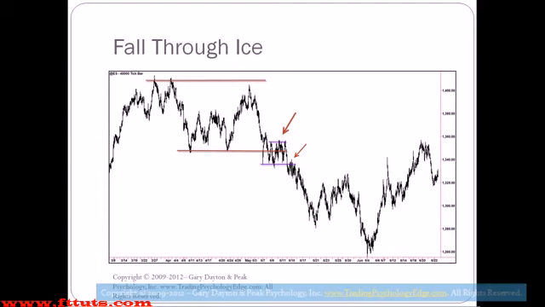Here I've really crunched this tick chart down, and this is fall through the ice. Now again, a Boy Scout story. This is a story of supply, where a Boy Scout is walking along a river, and it's wintertime and it's frozen. And he's walking along here, and the ice supports him pretty well. He kind of wanders off and then comes back, and the ice supports him here. He wanders off a little bit.